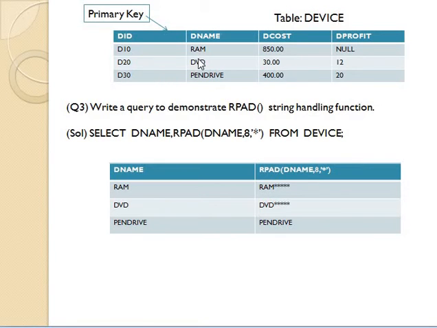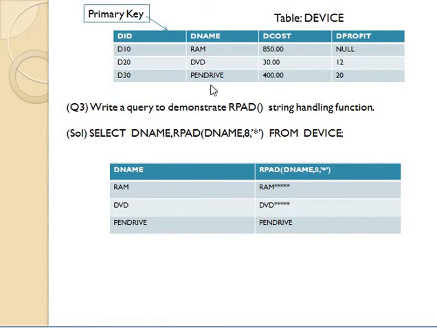In the same way, for the second entry DVD, since it also consists of a total of 3 characters, in order to make the total number of characters 8, 5 asterisk symbols have been added to the right side of the entry called DVD.